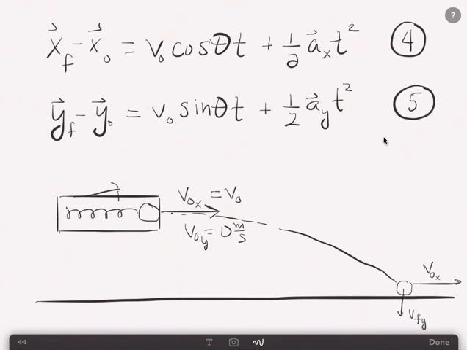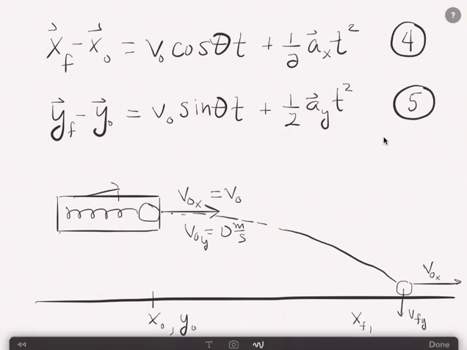Okay. We will have an initial position in the x. We will have an initial position in the y. We will have a final position in the x and a final position in the y right here. So those are things that we can look at. It's also going to have a time of flight.